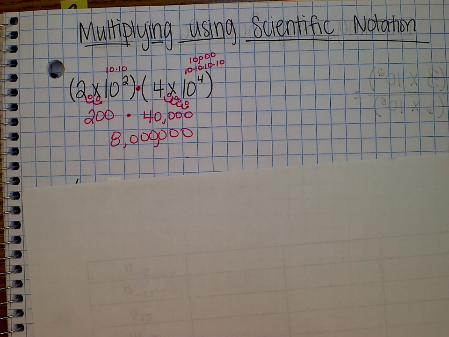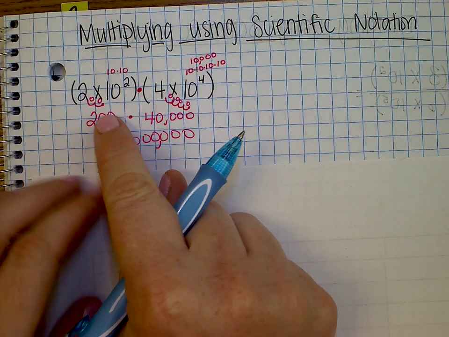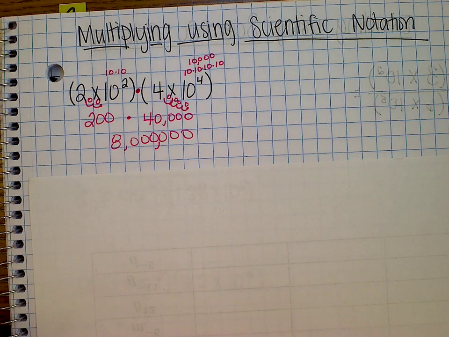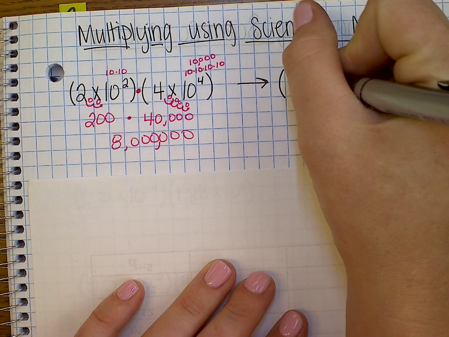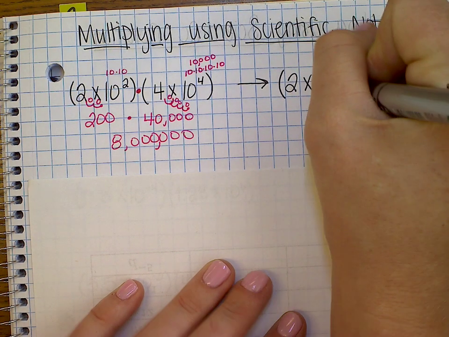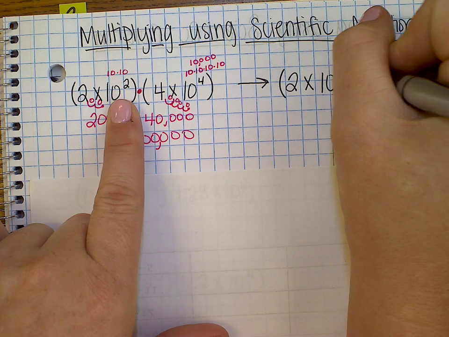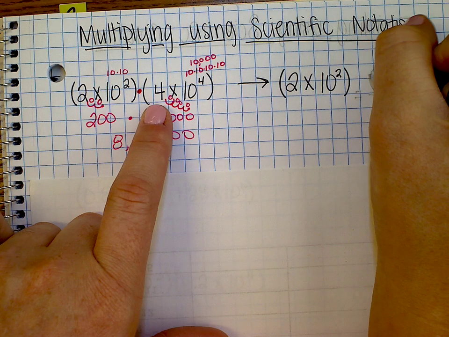So it's helpful to notice that, because what you can also do, and I'm going to rewrite this over here just so that you can see the second way. I do not want you to try to do it this way all the time. That will mess you up.